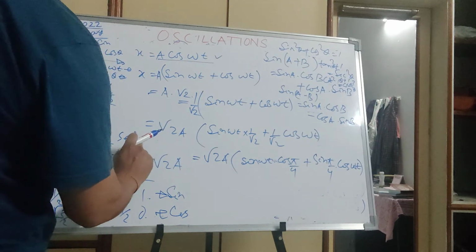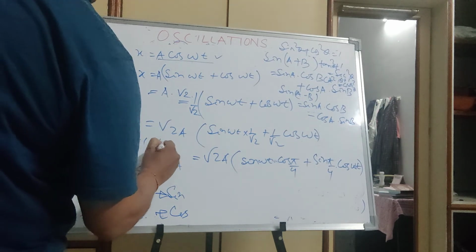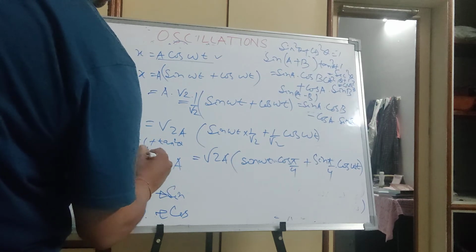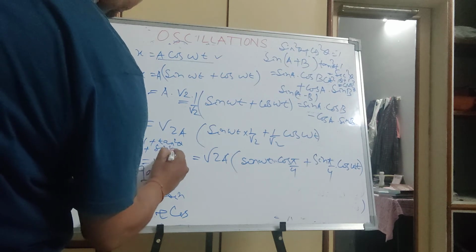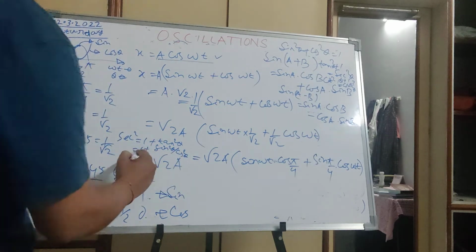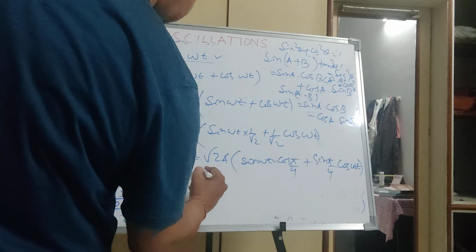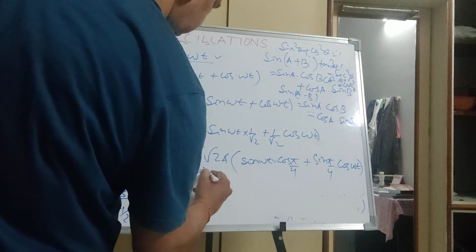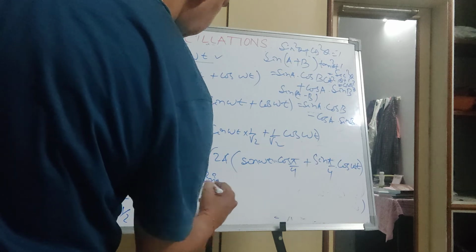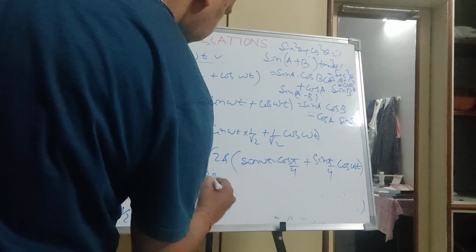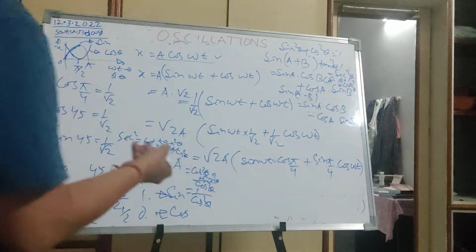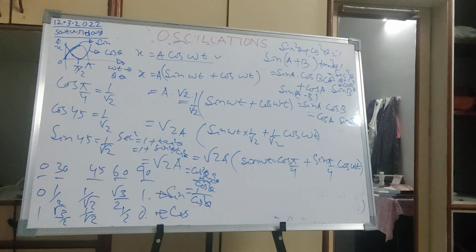Sec square theta is equal to 1 plus tan square theta. Because tan square theta is nothing but sine square theta by cos square theta, this becomes cos square theta plus sine square theta divided by cos square theta. Sine square theta plus cos square theta is 1, so 1 by cos square theta is equal to sec square theta. 1 by cos is sec, that you know, right?